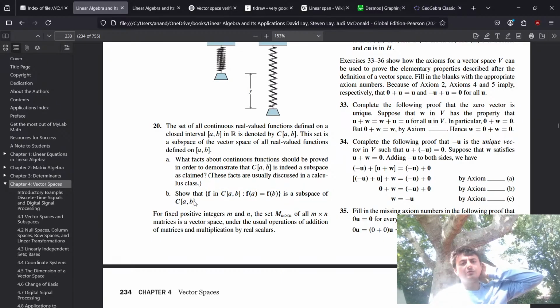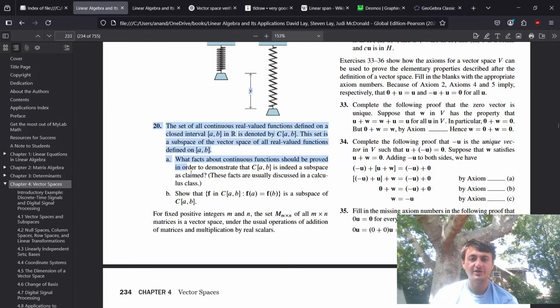Oh, this is cool. I like 20, man. Wait, that's crazy. Whoa. Okay, so just to thoroughly answer A, the facts about continuous functions that need to be proved are that you can take two continuous functions and when you add them together, they're still continuous.